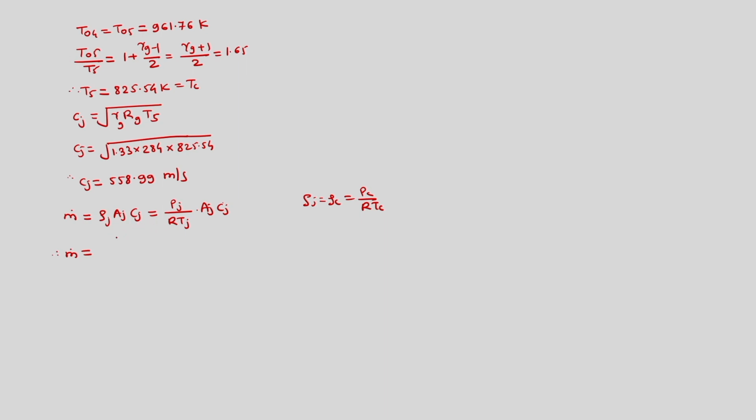Pc, which is Pj, is P04 divided by the choking condition criterion, which came out to be 1.9167, into 1 upon 284 into Tj, which is 825, into the area of the jet, which is given, and Cj, which is 558.99.